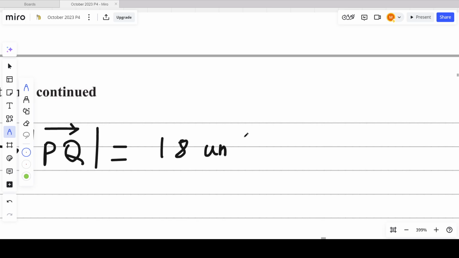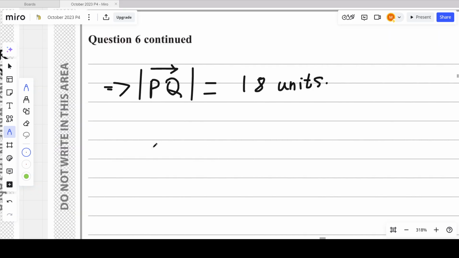Now we need to find out the length, sorry, area. So area would be what? Area of triangle PQR, right? So that would be half of AB sin theta.